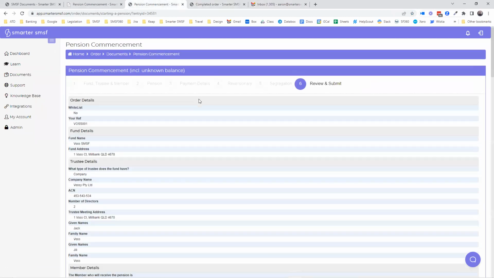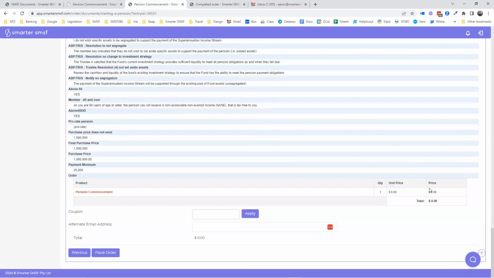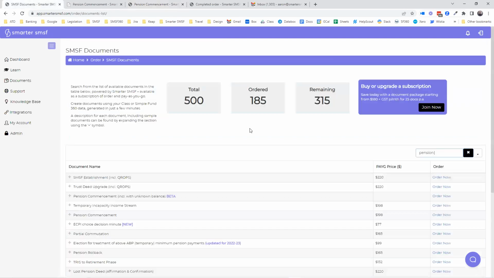So when you submit that, subject to whether you are a member or you are a PAYG orderer of documents, if you order pay-as-you-go, you just need to apply your credit card here. If you are a member, naturally, it is simply a submit, as you can see here, and then that will be reduced off your counter that you have when you order documents.